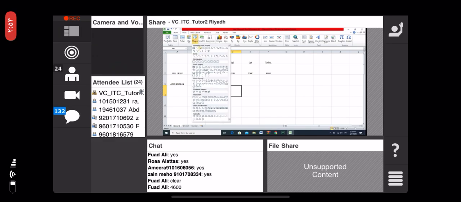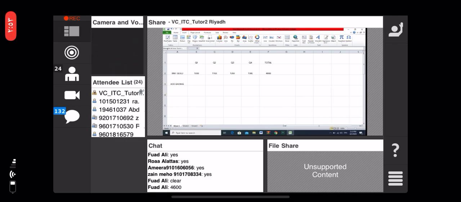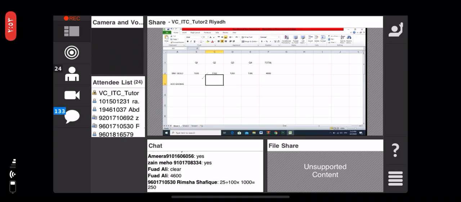So here quarter two, 1,100 multiplied by 25%. What's the amount? It will be 275.